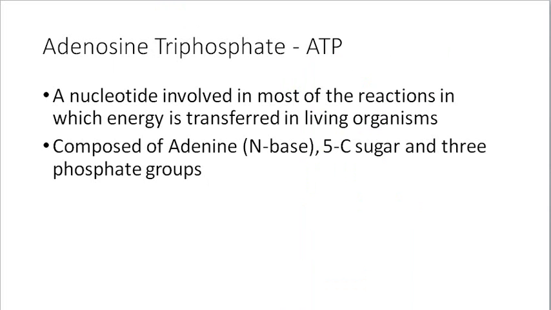A nucleotide which you may get tired of hearing about is ATP, adenosine triphosphate. Unlike the nucleotides that make up DNA, ATP has 3 phosphate groups. ATP is an important molecule in the bodies of living organisms because it supplies energy.